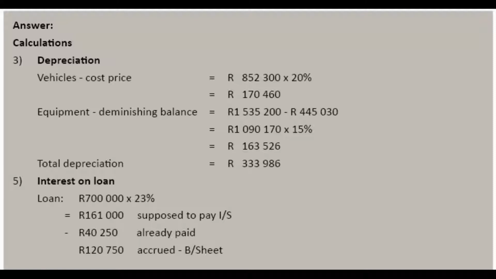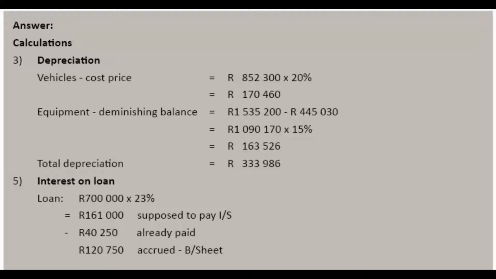Then the depreciation on the equipment, we need to do it on the diminishing balance. So we first deduct the accumulated depreciation from the cost price. The cost price was 153,200 less 445,030.